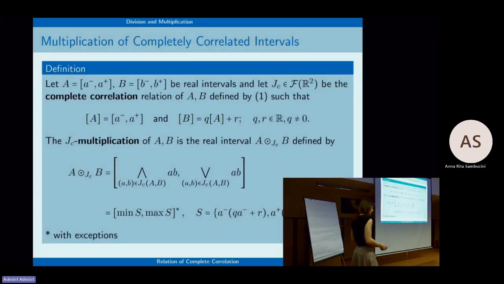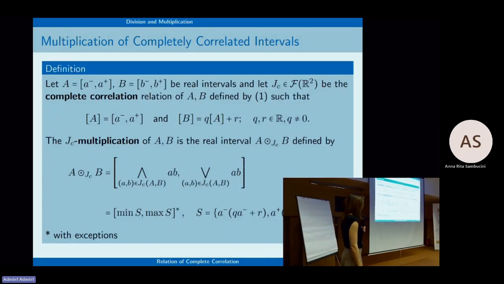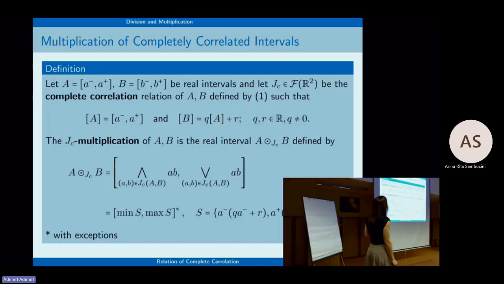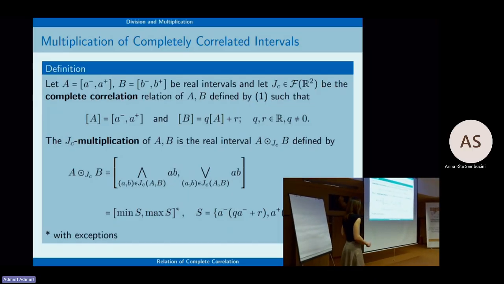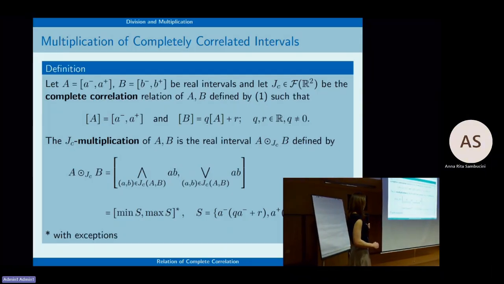Okay, how is it with multiplication? The situation is similar. We again have two intervals which are completely correlated, connected by the two parameters Q and R. And the multiplication of these two intervals results in an interval which can be obtained by the minimum and the maximum of this set.